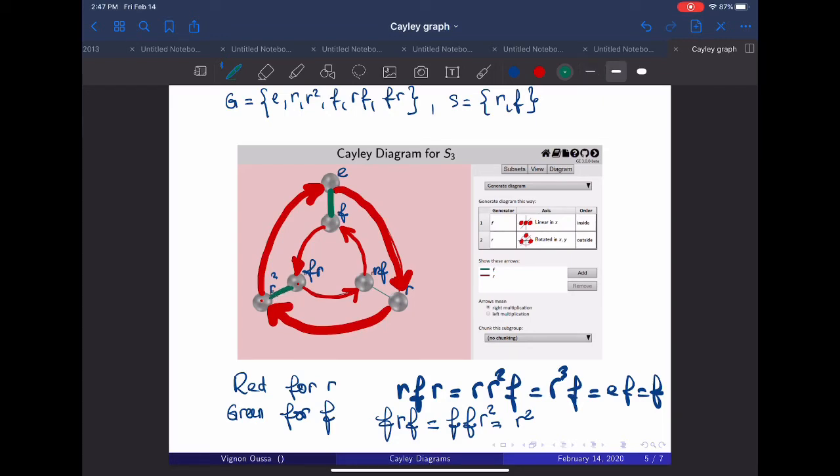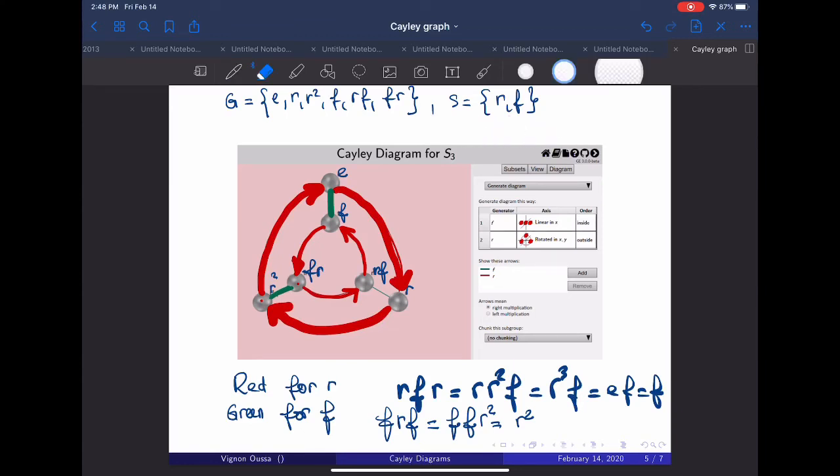And if I have FR and multiply by F, we get FF, let's see here. So if you have FR times F, I'm sorry, I got this wrong.